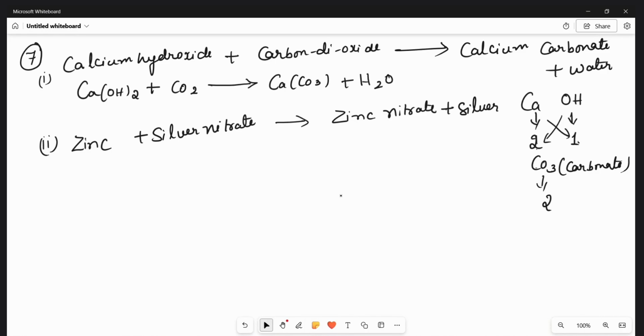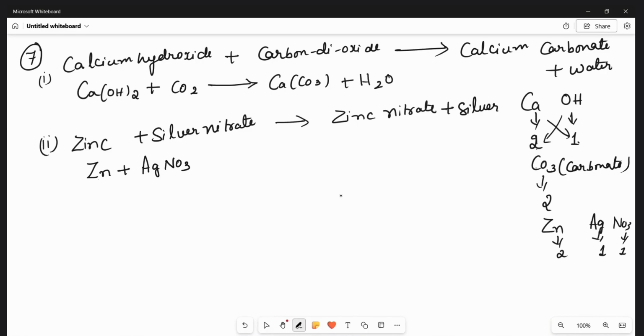Next, what you will get? Zinc Zn plus silver nitrate, Ag nitrate group NO3. Zinc valency 2, silver valency 1. Nitrate also 1.